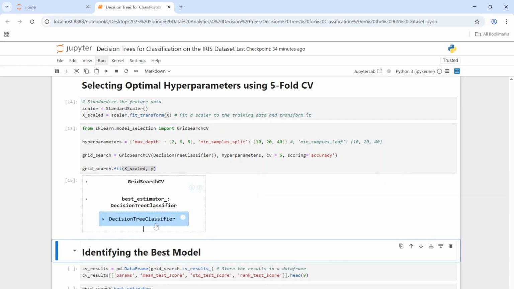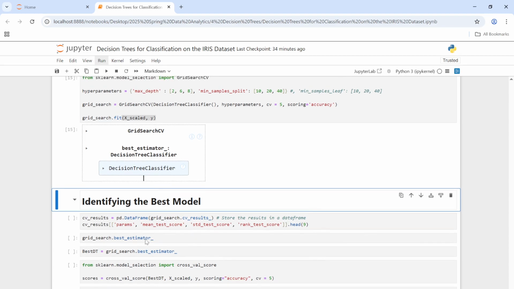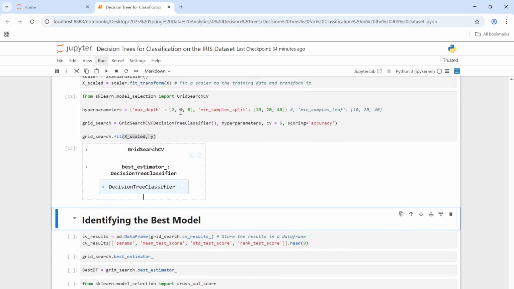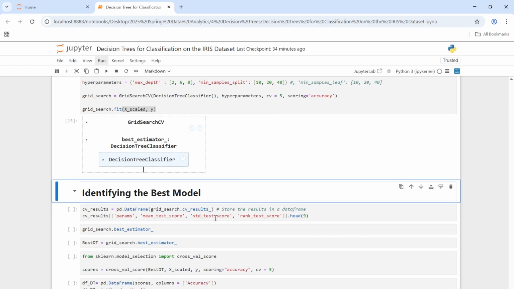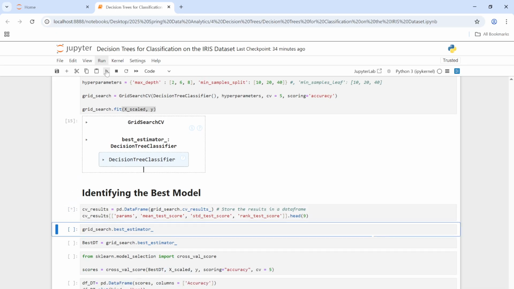So that was quick because we only had to run 9 different models. We have 3 values for one hyperparameter and 3 values for another. 3 times 3 is 9, and 5-fold cross validation, so 9 times 5 is 45 different fits. Let's see which are the best models in this specific case.